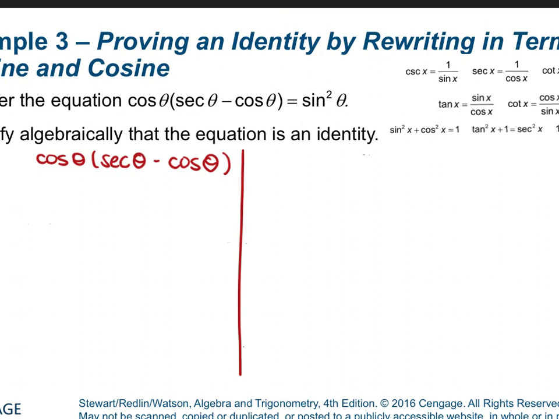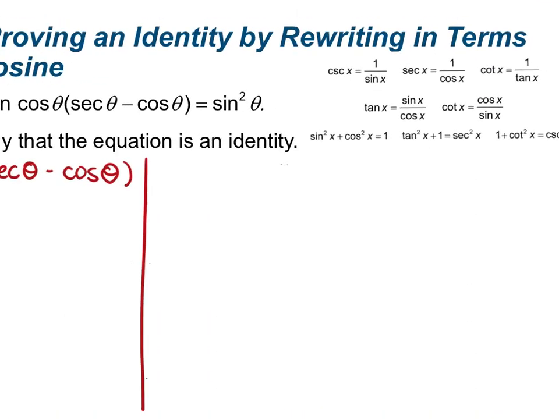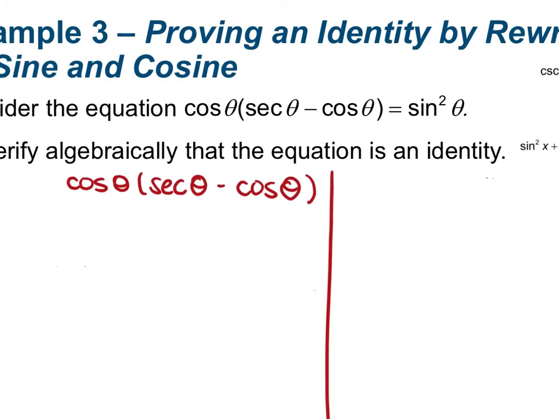You have cosine, you have secant, you have cosine. Cosine and cosine, they're already in terms of sine and cosine. So try to move that secant of theta into cosine or sine somehow. If you look at your identities, that secant x is equal to 1 over cosine x. So we can turn that secant theta into 1 over cosine theta.